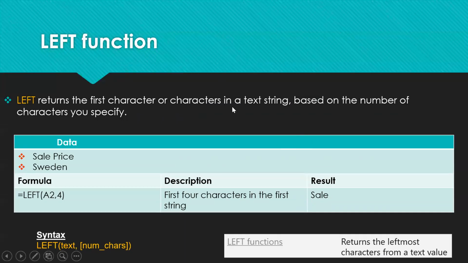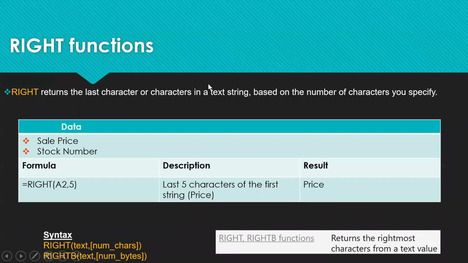Similar to left, we have something called the right function. Right will take a set of characters from the right side. So from the price, if I say RIGHT 5, A2 is the cell where the sale price text is present, and the number of characters is 5.